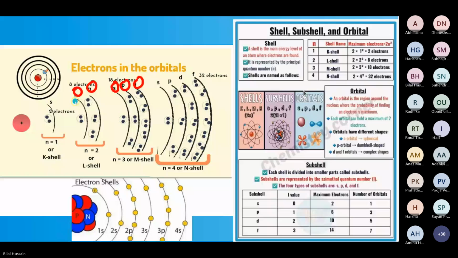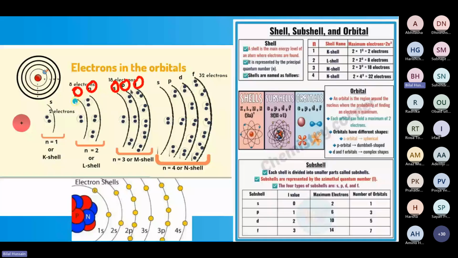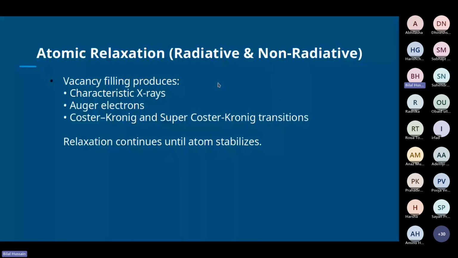Now, how can atomic relaxation occur? The vacancy is filled from a particular shell. Let us say a K shell vacancy is there in a photoelectric process. It can be filled by the higher level shells.